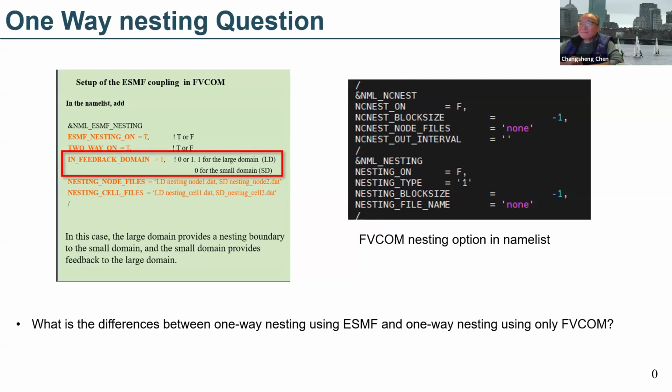Right. I see. But one-way nesting is only for FVCOM because you run the big domain model first. You have a nesting boundary, right? So if something happens, you just rerun the small model. You don't need to run the big domain model. Also, you can easily look at the open boundary condition, what really happened.